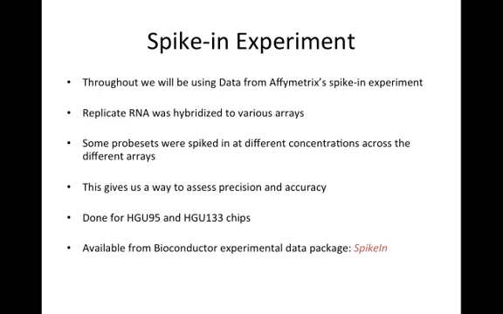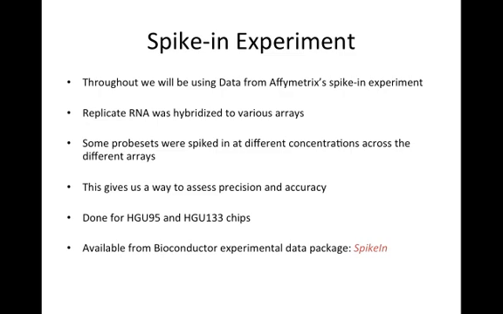But they took 16 probe sets that were known not to be in the sample, and then they spiked in quantities for each one, so that we knew how much there was, right?